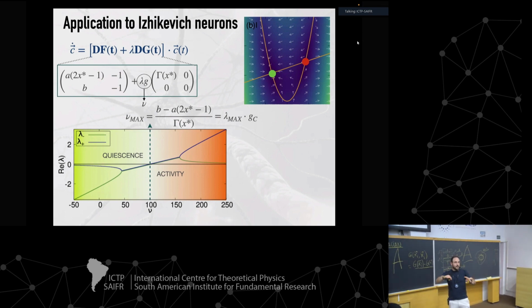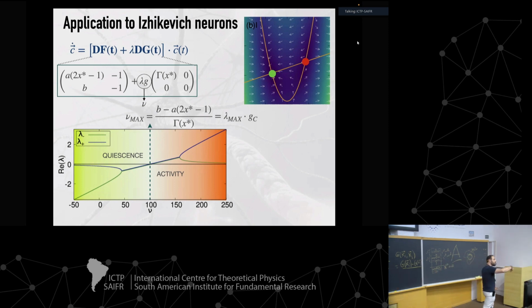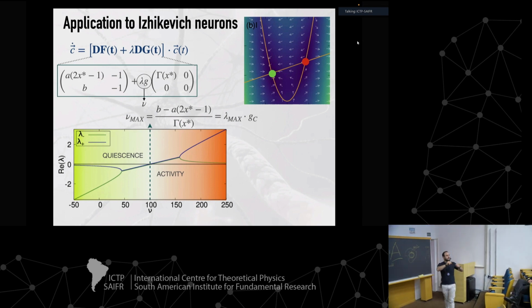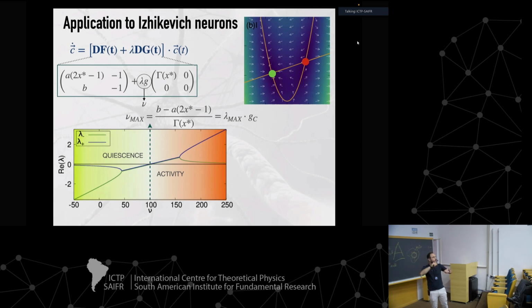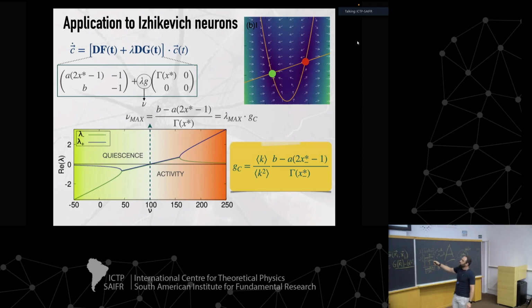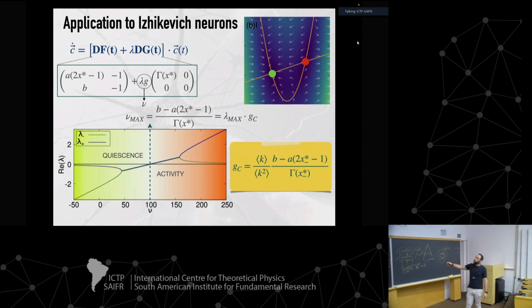Imagine that G is constant, and I'm interested in which is the maximum eigenvalue of the interactions that I need in order to have activity, which is what happens in reality, because the neurons start to make links. And as soon as they start to make links, they increase this maximum eigenvalue, okay? And just put along GC, and you have this expression.